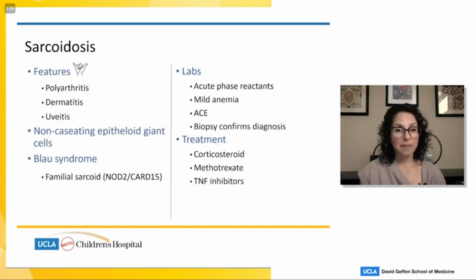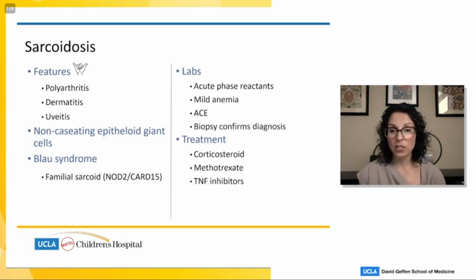This is essentially a pathologic diagnosis, in which you would see non-caseating epithelioid giant cells. There is a familial version of pediatric sarcoidosis called Blau syndrome, and there are specific genetic mutations seen.